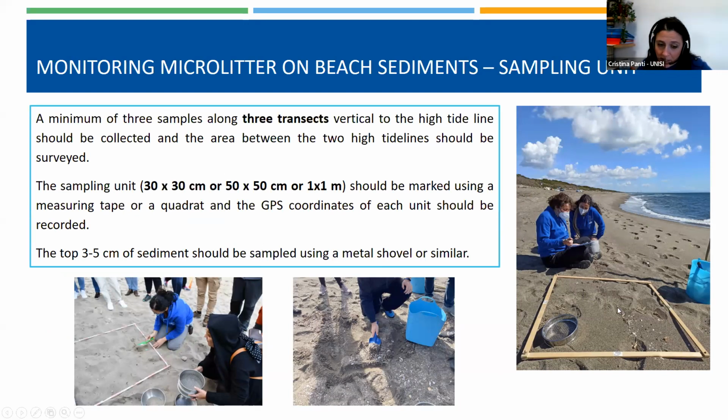As you can see here in the picture, made of wood or with plastic tubes. The sampling unit could be 30 by 30 centimeters, 50 by 50, or 1 meter by 1 meter. And we can collect the sediments with the metal shovel, as you can see here in the pictures, and then weigh and sieve the sediment.